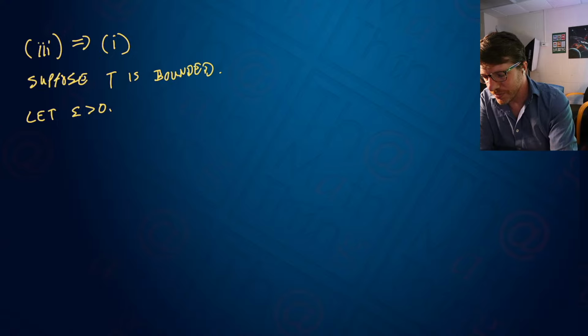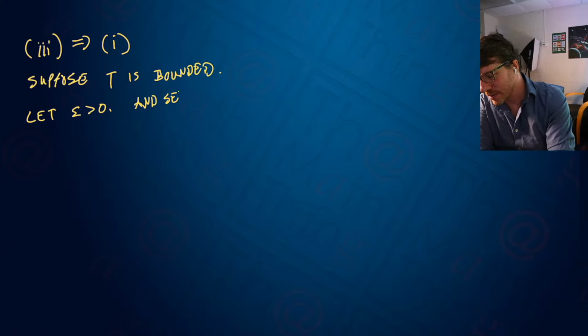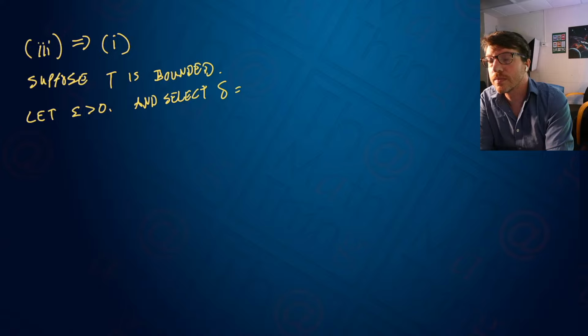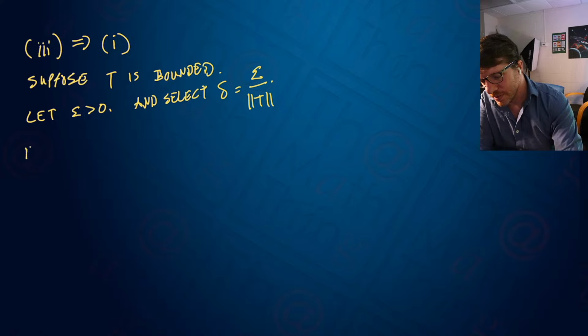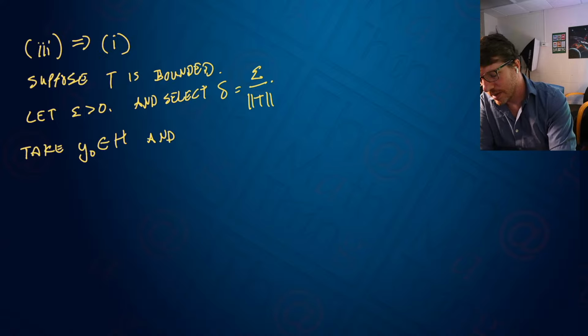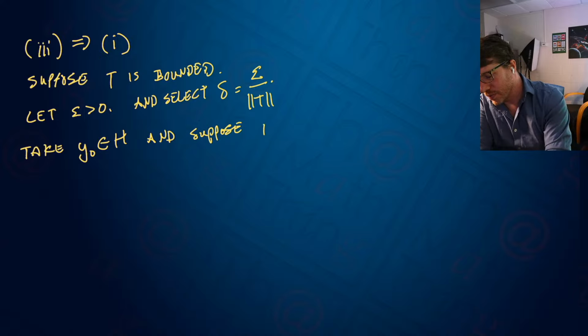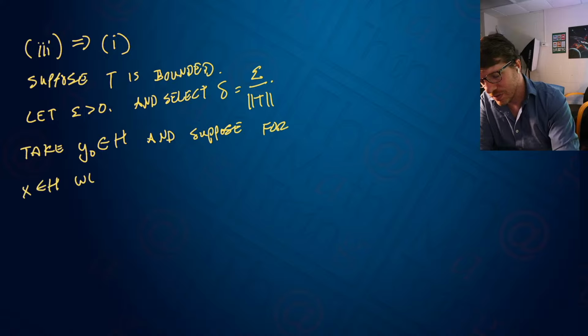So we're going to let epsilon be greater than 0 and select delta to be equal to, say, epsilon over the norm of T. So I'm going to take y naught inside of our H, and we're going to suppose that for x in H, we have norm of x minus y naught is less than delta.